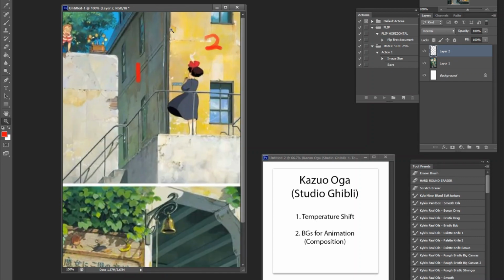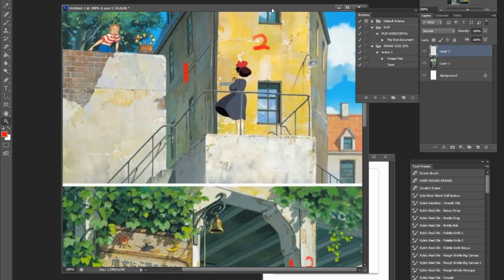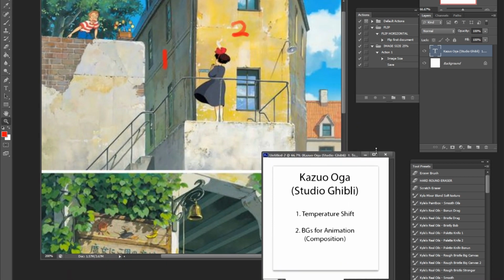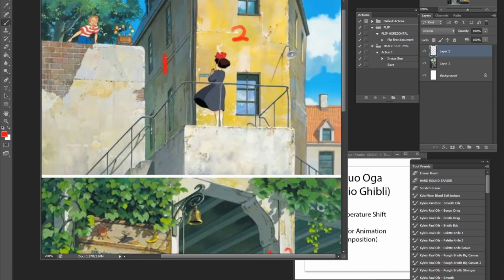So here in the first shot, let's make a bigger window here. Anyways, the plane here is directed by the skylight of the blue.